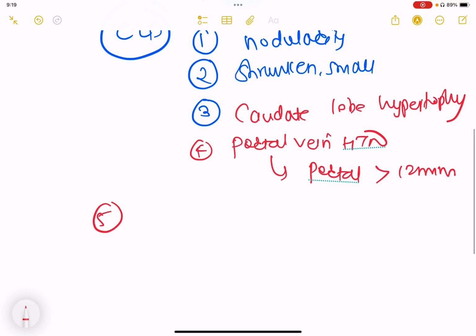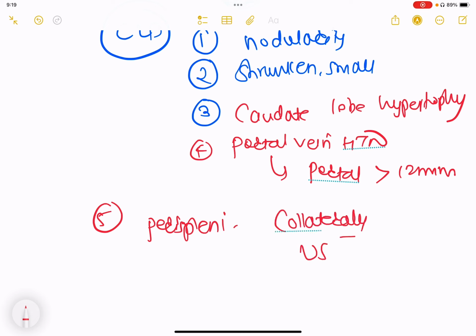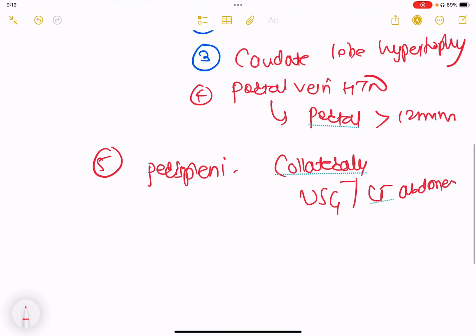Other things, like whenever the patient has perisplenic or periliver collaterals, development of collaterals which can be seen on ultrasonography or CT scan of the abdomen, we can say that the patient has CLD.